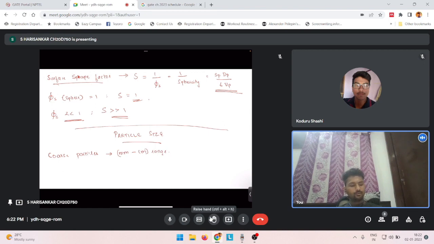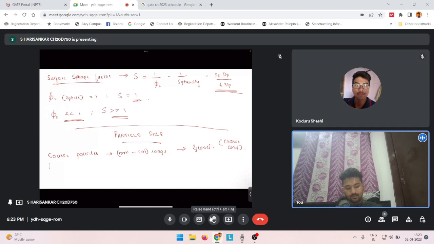A perfect example is gravel, or very, very coarse sand. So coarse particles are typically the largest in size range, while we think about the particles that we handle using mechanical operations.